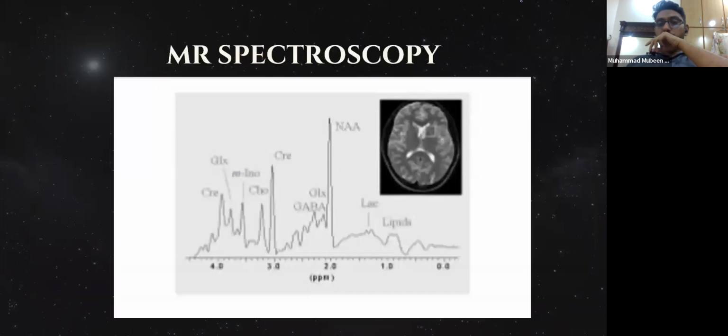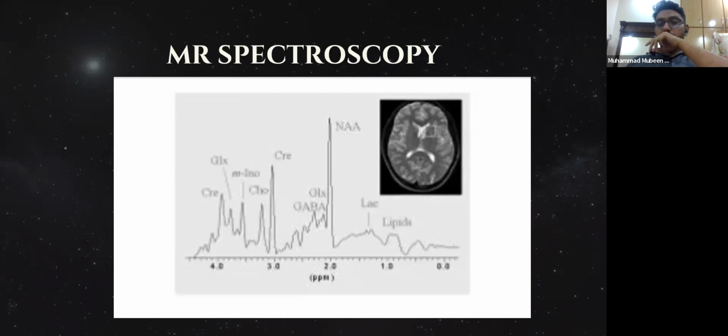Then a very interesting aspect of MR is MR spectroscopy. Earlier, when we were talking about the physics of image creation, we talked about the Larmor frequency of hydrogen atoms. The thing is, we know the frequencies of other components of the body as well, and we can use that to create a map of different molecules in the body.